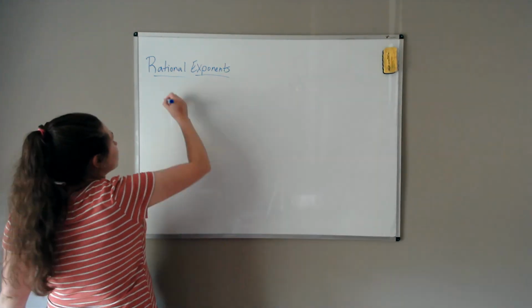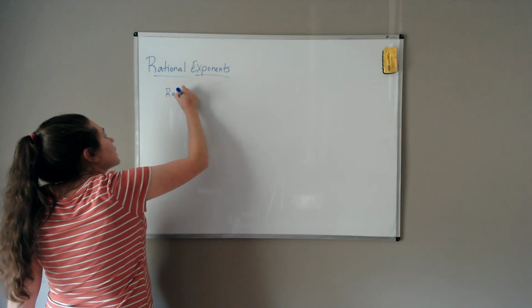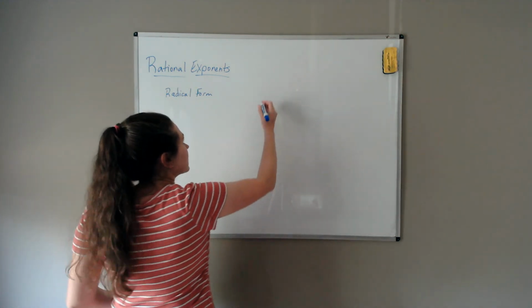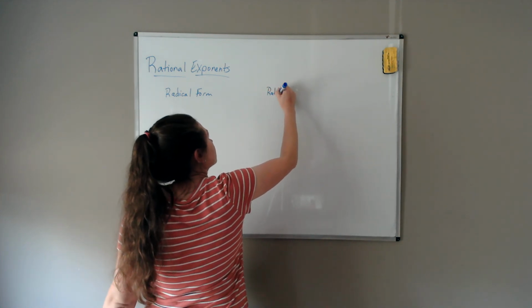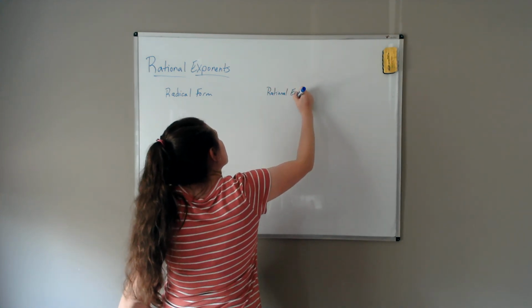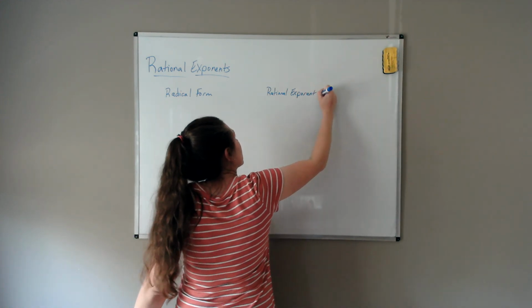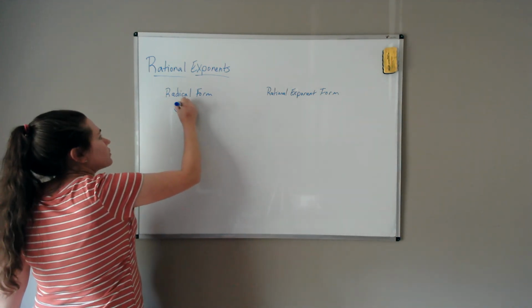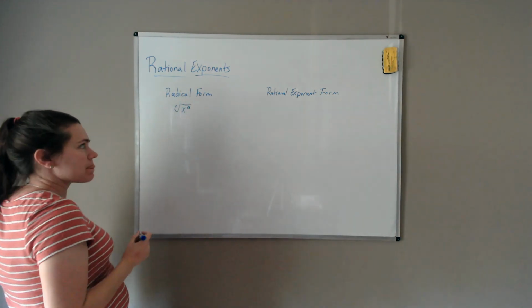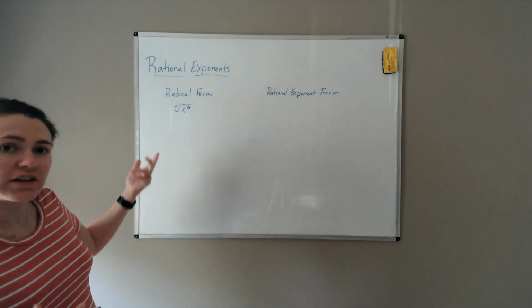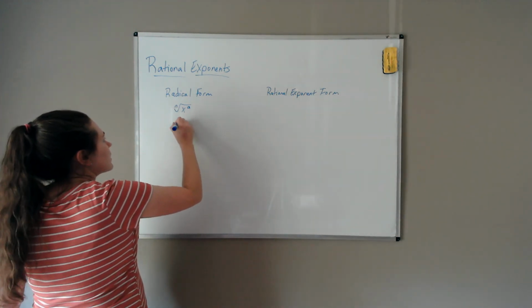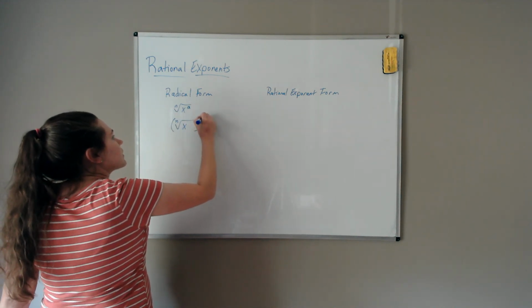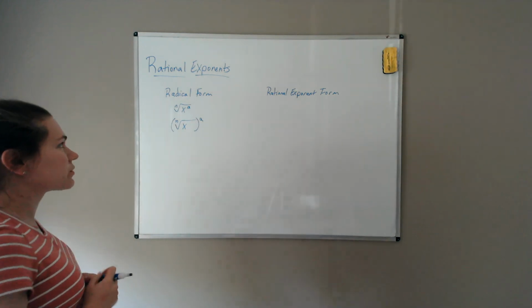And so I need to walk you through that. For every radical expression, there's an equivalent rational exponent form. If you have the nth root of x to the a, we talked about index before, n is the index. Know that the nth root of x to the a is the same as the nth root of x raised to the a.